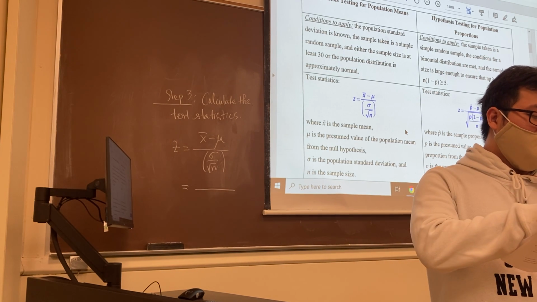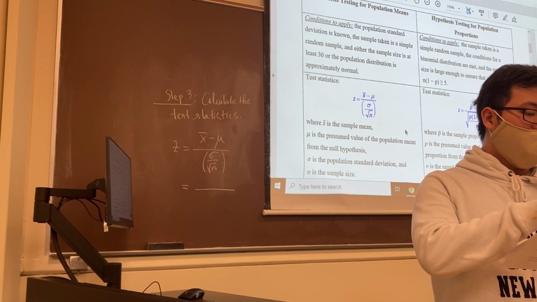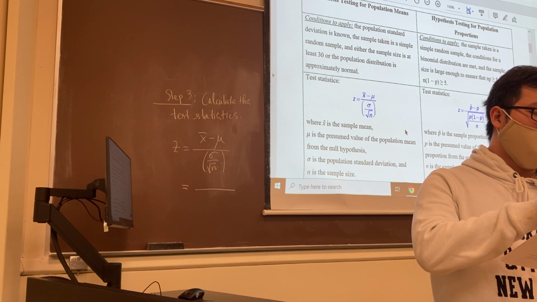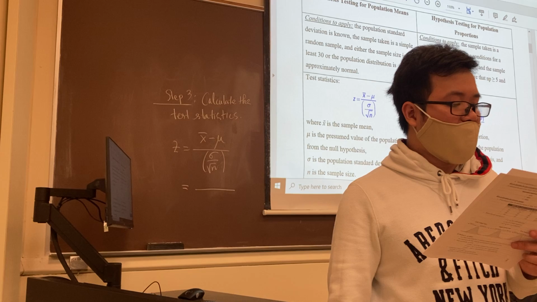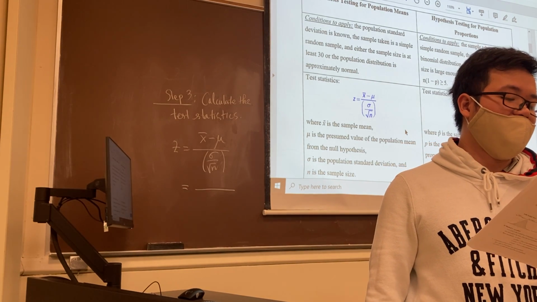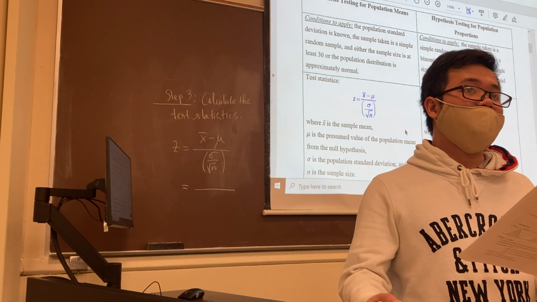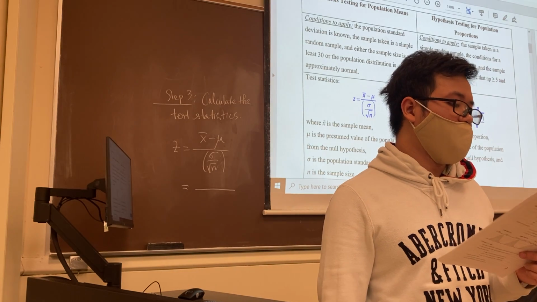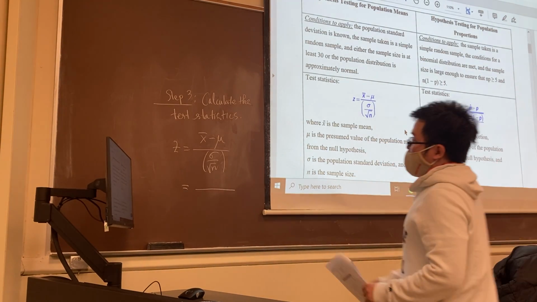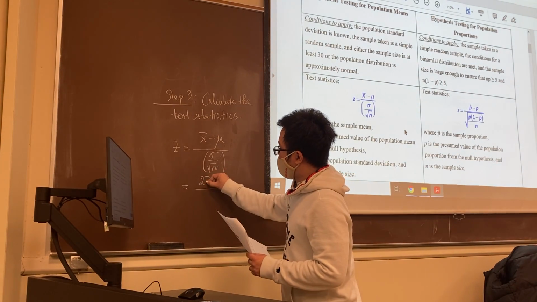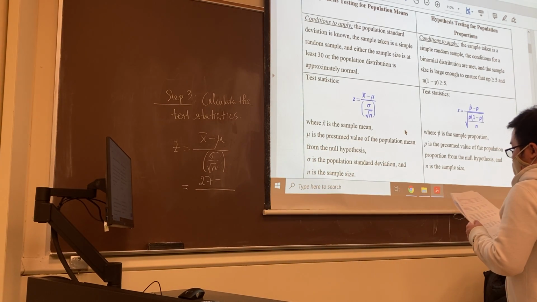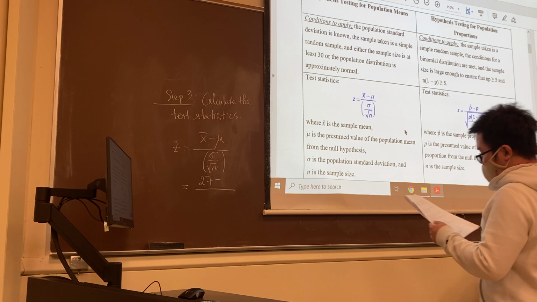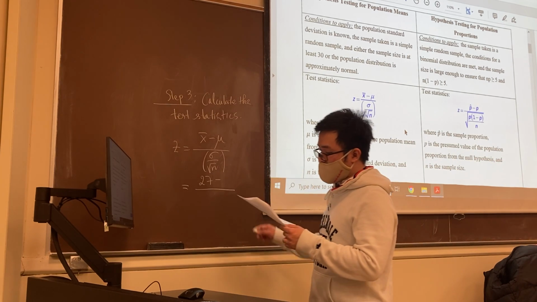You look at the second sentence. Surveying a simple random sample of 213 newly married women in California, the researcher found a mean age of 27 years. So this means that the sample mean here is 27. And the mu here is 26.5.